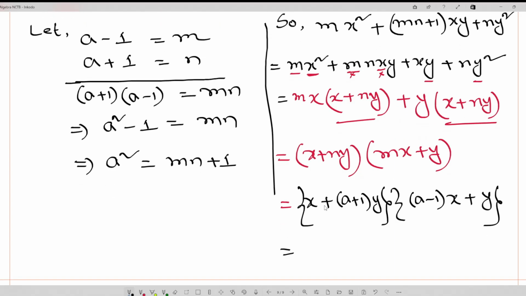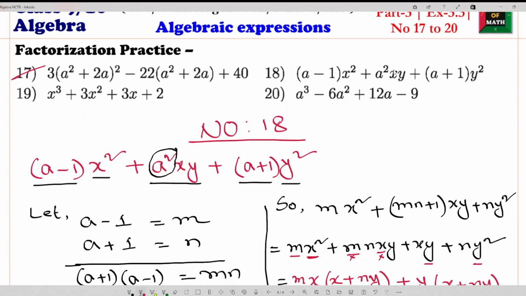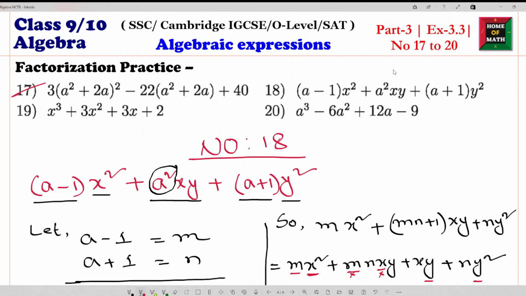Now look, this one is x + ay + y, and here is ax − x + y, and this is our answer. So I hope you clear this one, and it's an important math for examination, especially class 9, 10, SSC, IGCSE and SAT examination.